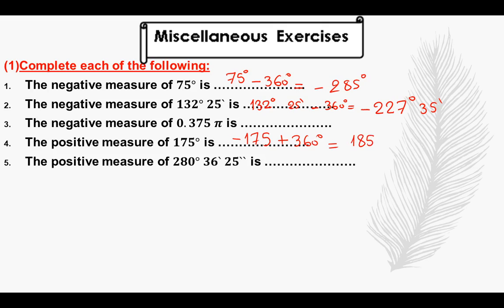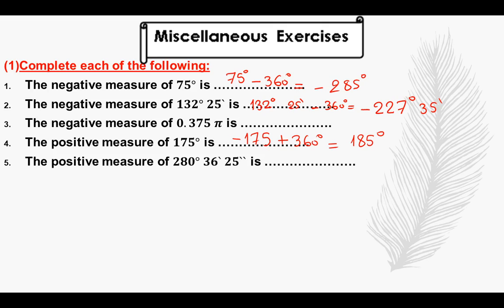185 degrees. Okay. The positive measure of negative 280 degrees, 36 minutes and 25 seconds. Again, by using your calculator here, we want to find the positive measure. So to find the positive measure, we will add 360.